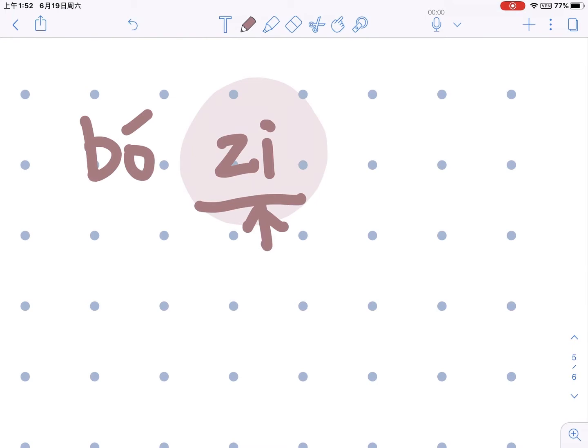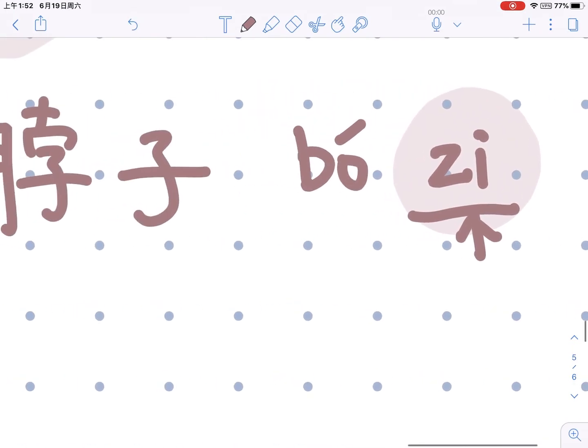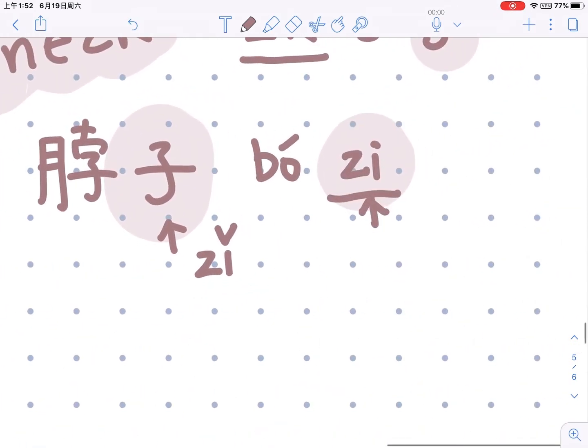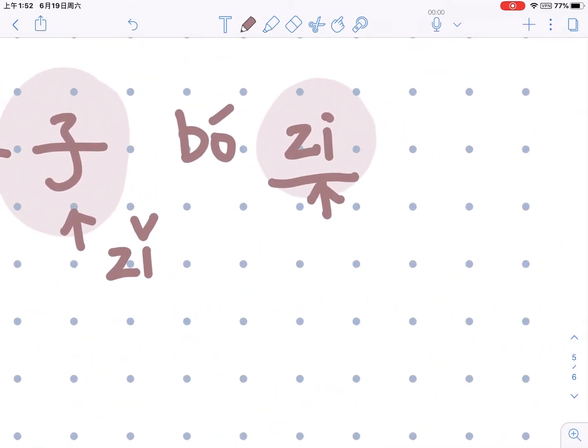We would say 脖子. That's it, because the character 子 has a formal pronunciation in the third tone, but in this vocabulary word, we do not pronounce it as the third tone. We just call it 脖子.